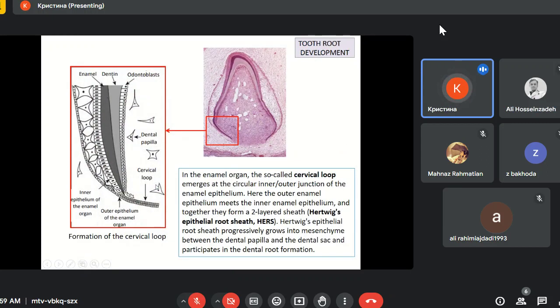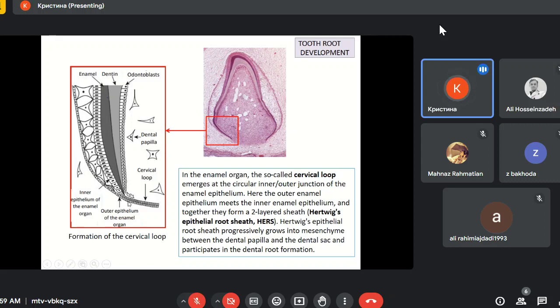And now let's look at the tooth root development. As I said, in the lower part, inner enamel epithelium meets outer one to form the cervical loop. So here in this diagram, you see the outer enamel epithelium here and inner enamel epithelium here.